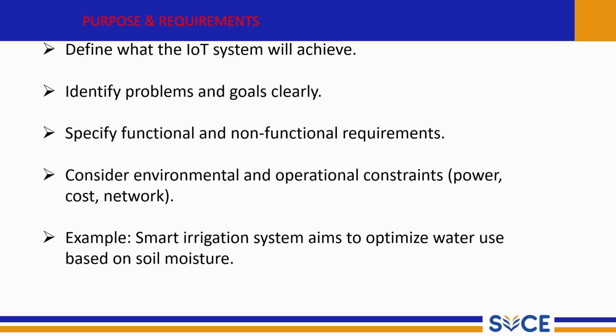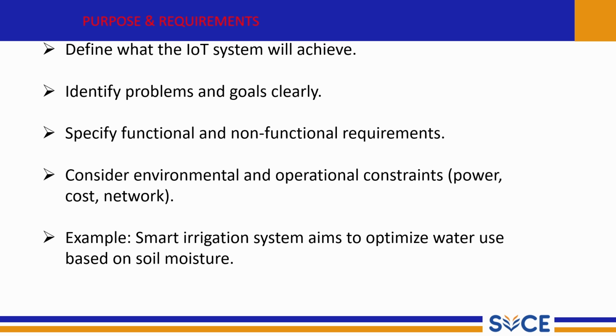For smart irrigation, we need a sensor, water pump and controller, Wi-Fi, and a mobile app. Before implementing any method, the first step is to find the problem, which is called the purpose. And what is required to solve the problem is called the requirements.